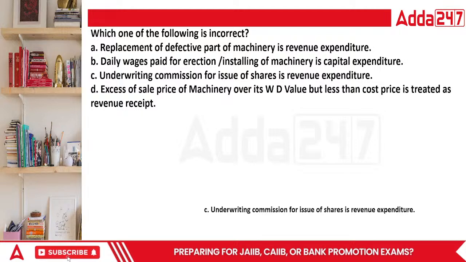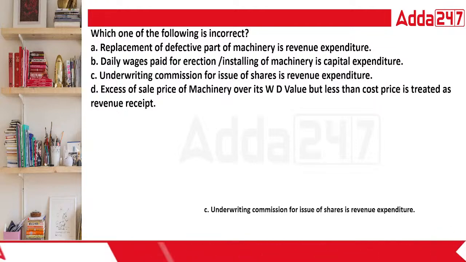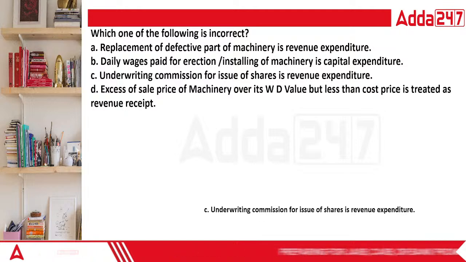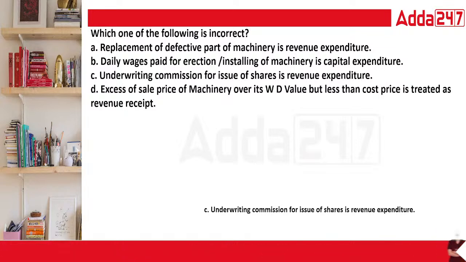Which of the following is incorrect? Replacement of defective part of machinery is revenue expenditure. When you are trying to replace the part, or when you are trying to change your machinery, it would be a capital expenditure. Daily wages paid for erection is a part of capital expenditure. This is absolutely correct.